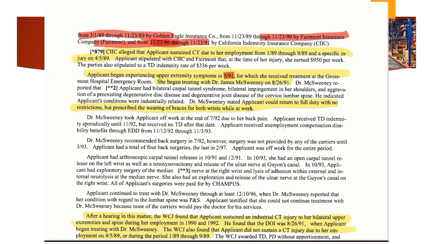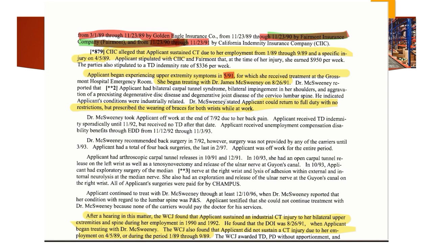So if August 26, 91 is established as the date of injury, you can see that the backwards liability period, August 26, would extend from about here. Let's get a different color. From about here, only partly way back into the time during which Fairmont was the insurer. So only a small sharing of the liability with Fairmont, and most of the liability falling on CIIC.